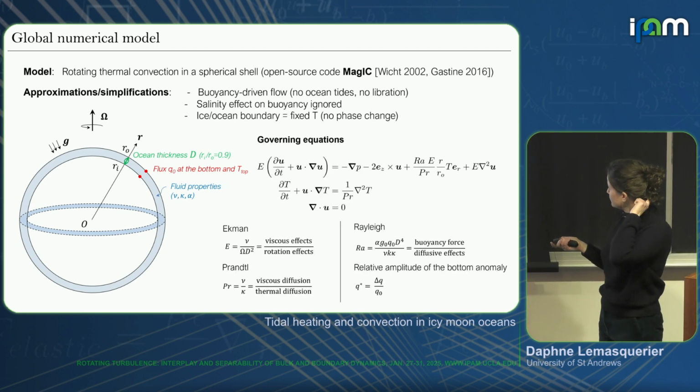I can go quickly through this. It's been mentioned a lot of times already. So we solve the 3 governing equations: Navier-Stokes, conservation of energy, and incompressibility. And we have 3 control parameters, plus another one: the Prandtl, the Ekman, and the Rayleigh number.